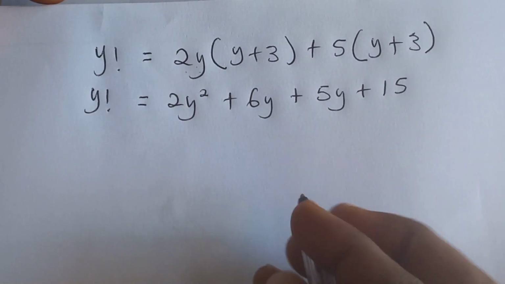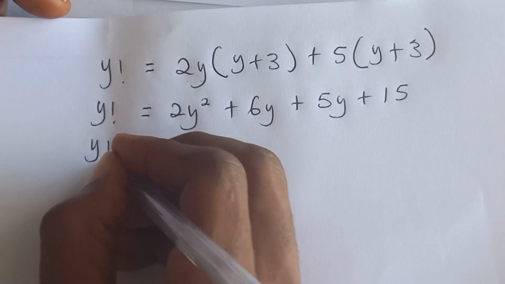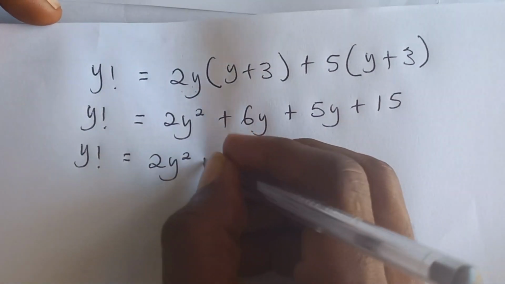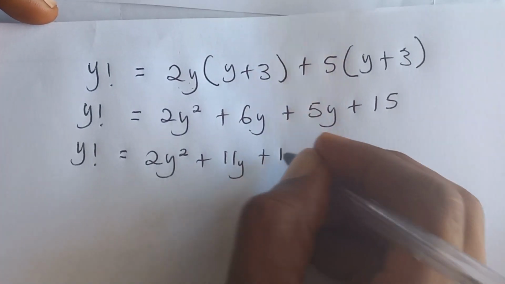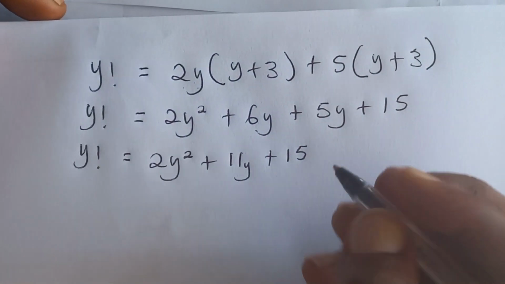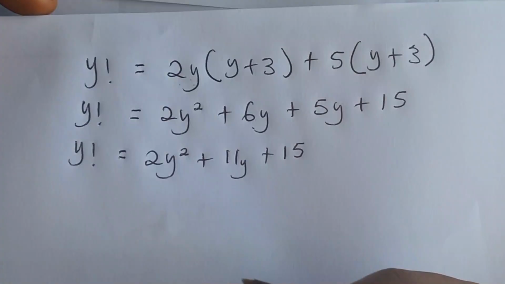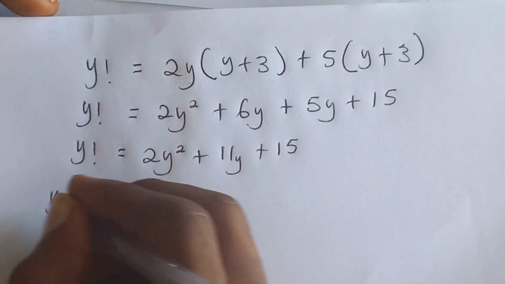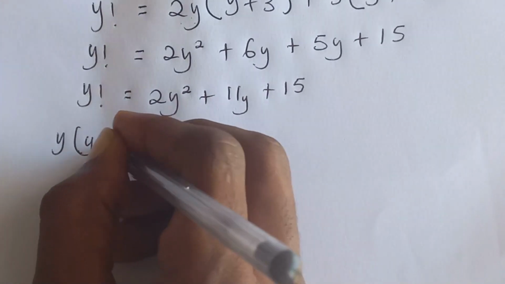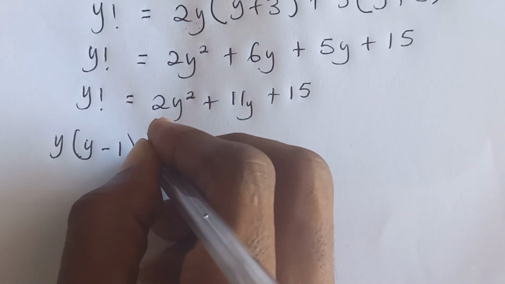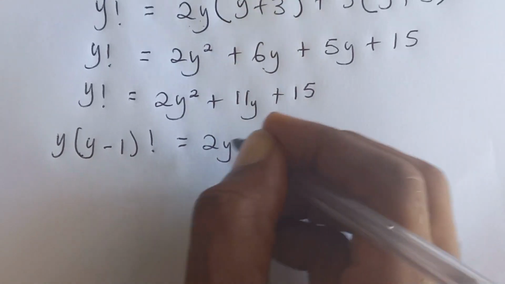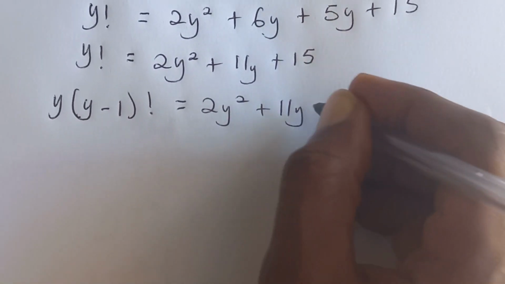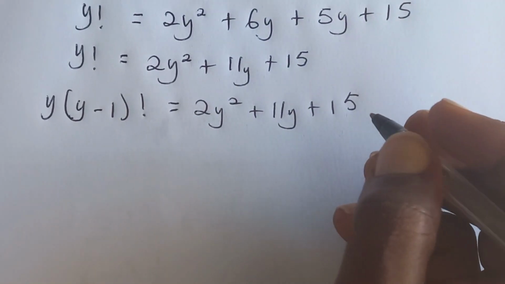Now y factorial is equal to 2y^2, and this plus this is 11y, plus 15. So we can group like terms. And don't forget, this y factorial is the same as y into (y - 1) all factorial, which is equal to 2y^2 + 11y + 15.